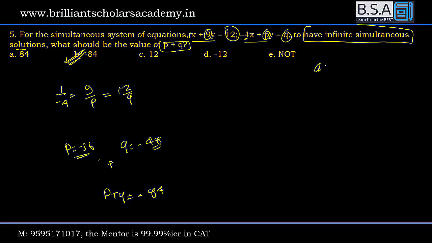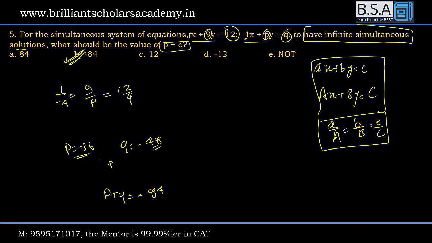If the equation is ax plus by is equal to c, capital Ax plus capital By is equal to capital C, a upon capital A should be same as b upon capital B, should be same as c upon capital C. Moving on.